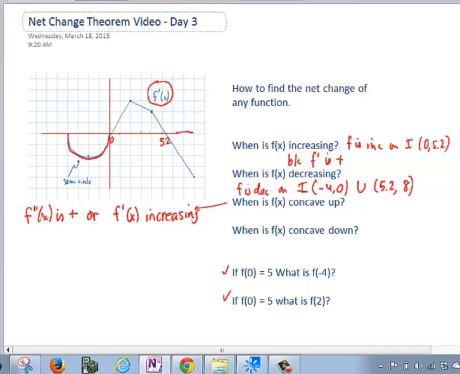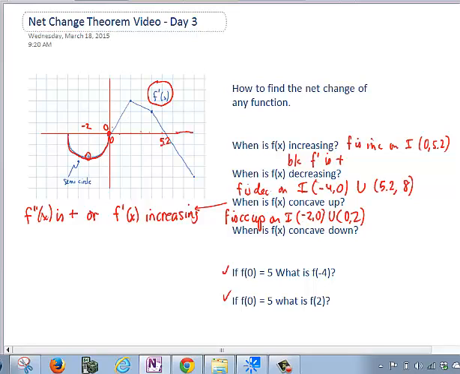So you would look for where f prime of x is increasing, and that happens on the interval. f is concave up on the interval from -2 to 0, and from 0 to 2. Now you may wonder, why did I break up the interval?